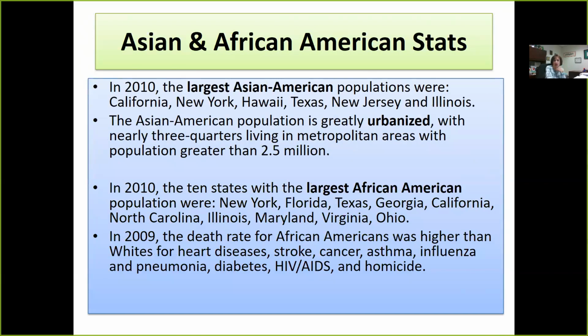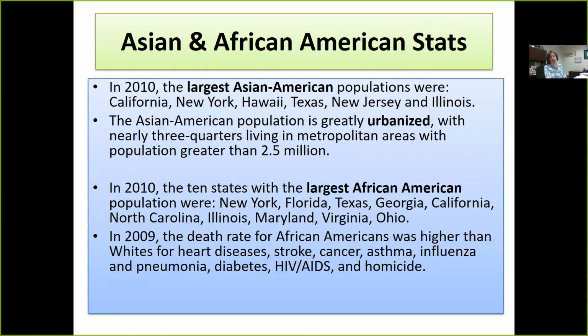Looking at some of the Asian and African American statistics. In 2010, the largest Asian American populations were in California, New York, Hawaii, Texas, New Jersey, and Illinois. The Asian American population is really more of an urbanized population, with more than 3/4 of those living in metropolitan areas.